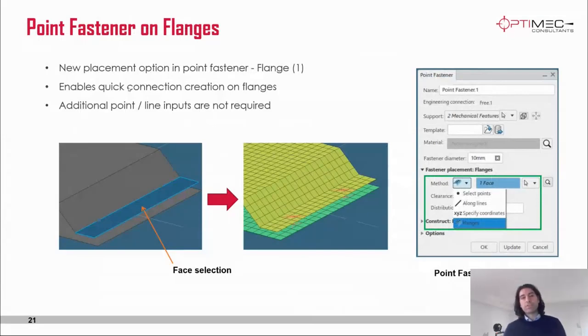So for flanges, there's an option now to create those point fasteners without having a geometric point or line geometry on the CAD side. So you can just select the surface, define your distribution and clearance along the flange, and it will create essentially all your point fasteners along the flange. So again, this will save some time on creating those point fasteners on flanges.